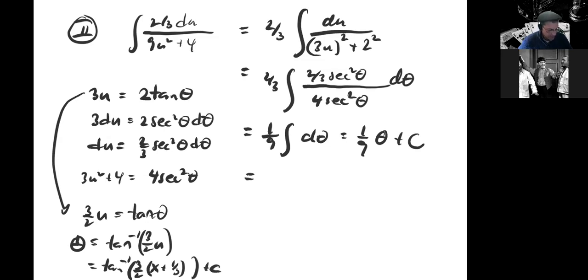And so I'll go back and write this as 1/9 arctangent of, I'm going to distribute the 3/2 through, so 3/2 times (3x plus 1)/3, which is (3x plus 1) over 2, plus c.